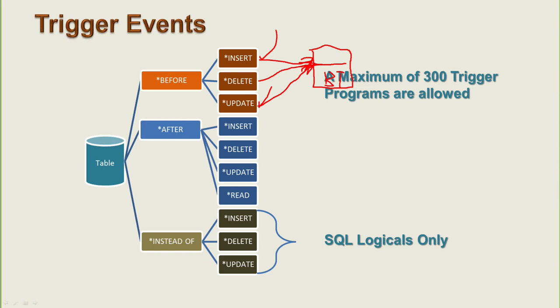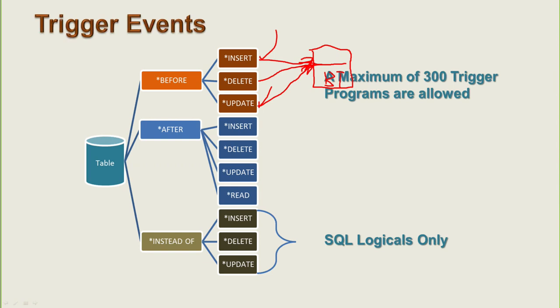And I will show you examples shortly of trigger programs and how they handle this request for a before update, insert, or delete. Once the before trigger has been called, if applicable, because if it's not defined, it's not called, it can respond in one of two ways.